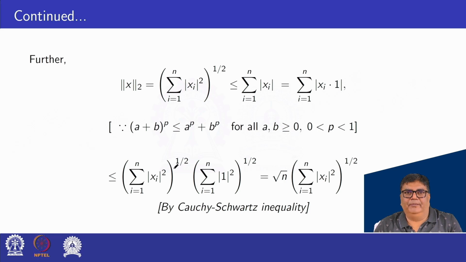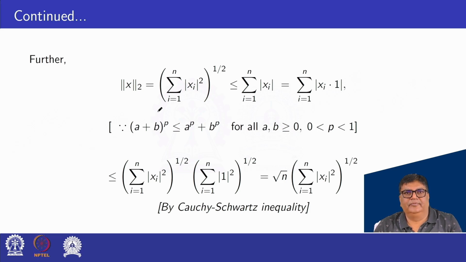Applying the Cauchy-Schwarz inequality, we have summation i equal to 1 to n of mod xi square, whole power 1 by 2, times summation i equal to 1 to n of mod 1 square, whole power 1 by 2. The value of this is under root n, and this is summation of mod xi square whole power 1 by 2 as it is.